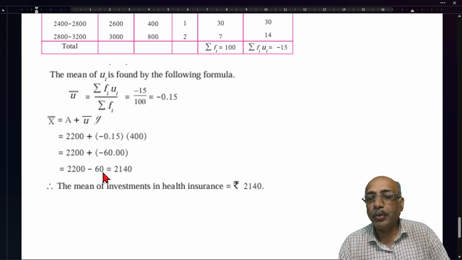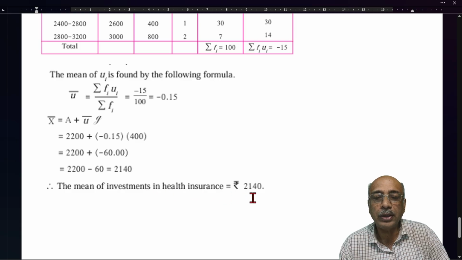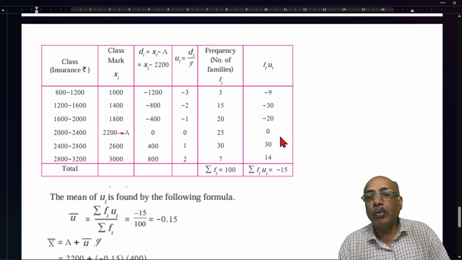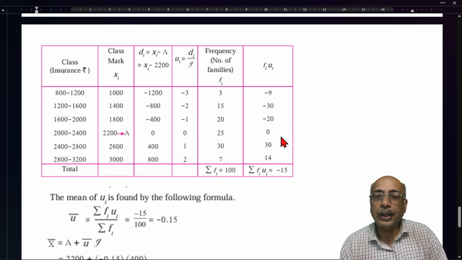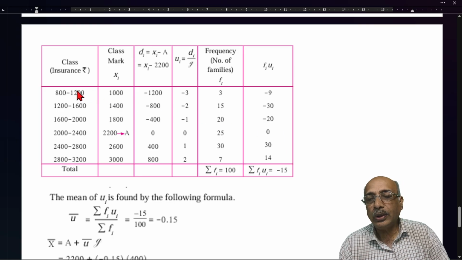Therefore 2200 minus 60 equals 2140. The mean investment in health insurance is rupees 2140.